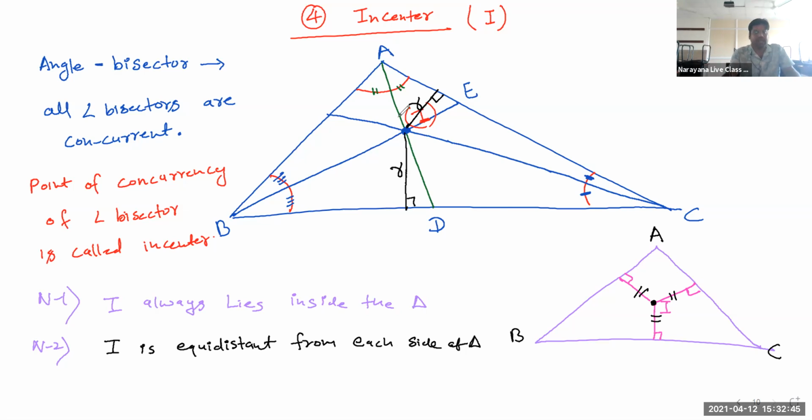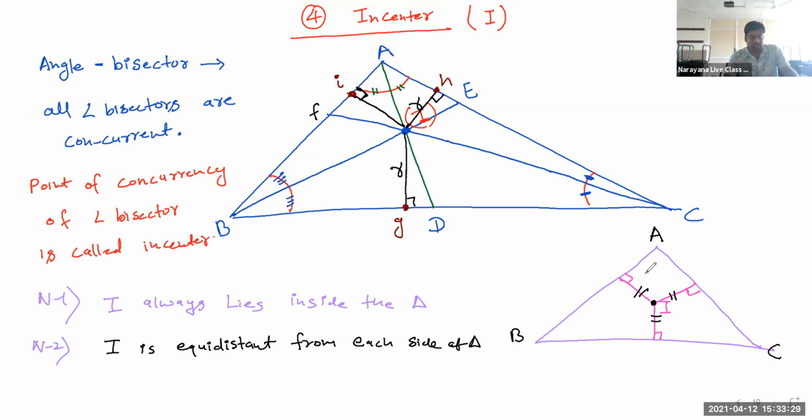And if you drop perpendiculars, let's say these points are G, H, I. So IG equals IH equals II.